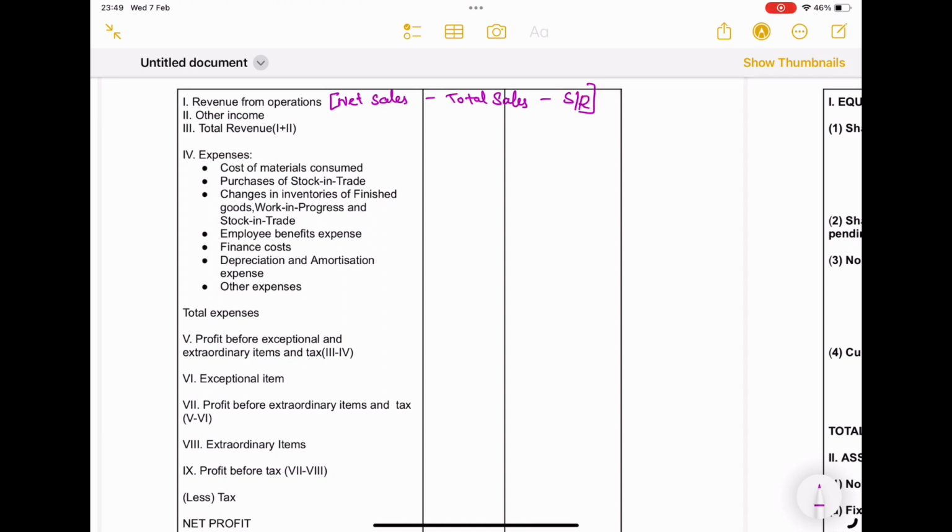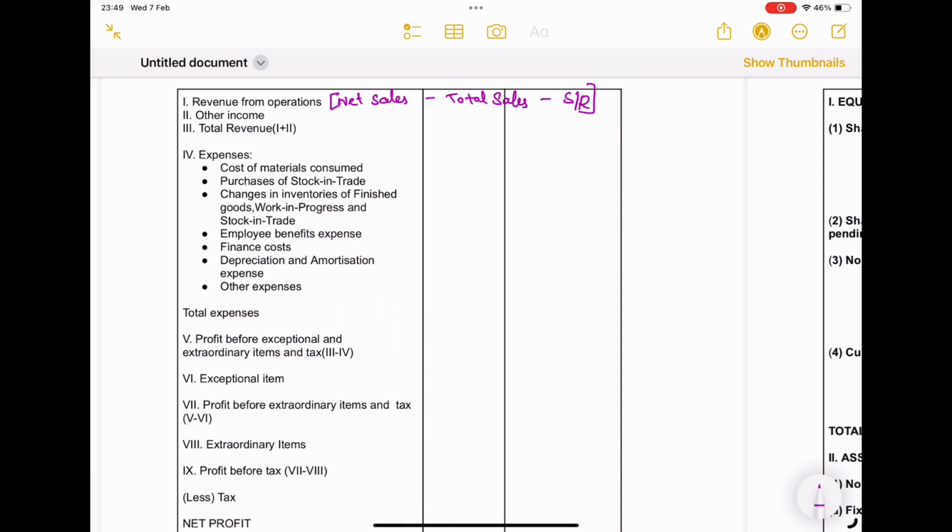Okay, other income, I hope you all understood this. Revenue from operations means net sales. You should not forget that, net sales. If in the question they have given total sales, you have to subtract sales return from that. Next, other income.